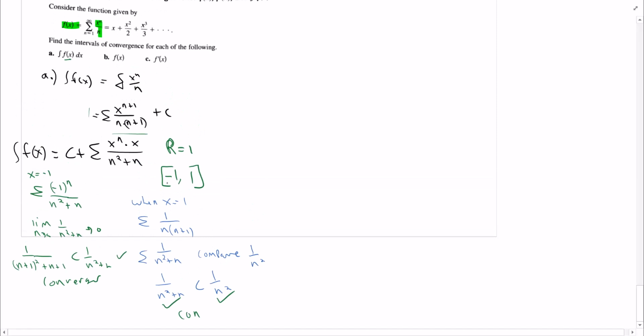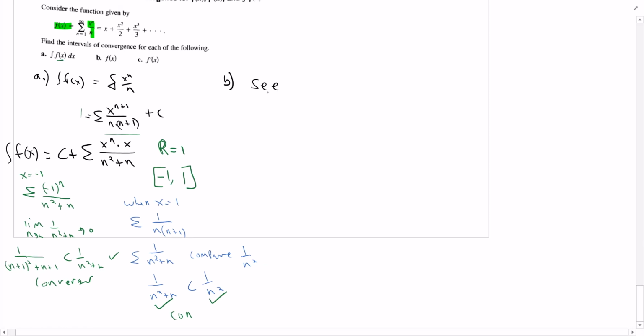So the interval of convergence for the integral was that. And for B, we already did f of x, right? So maybe for this one just see example 5. And then for C, we're going to take the derivative, right?